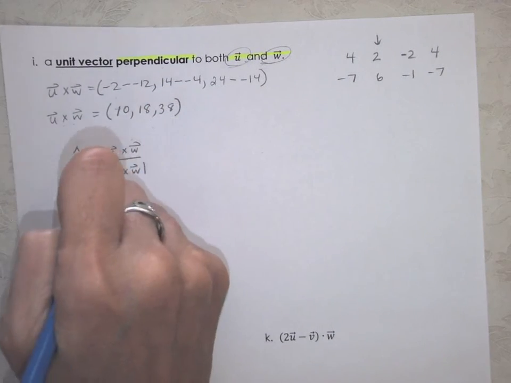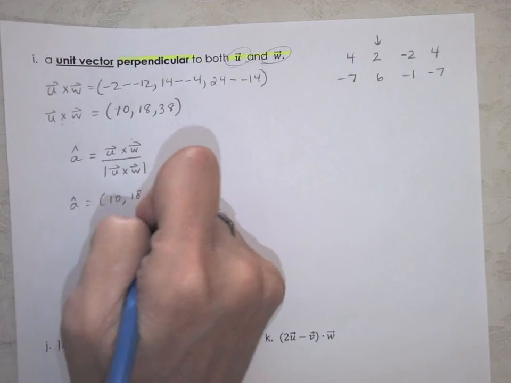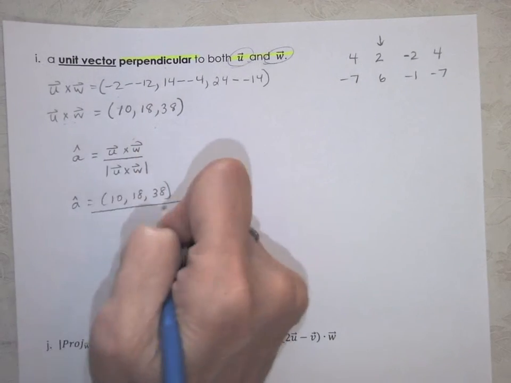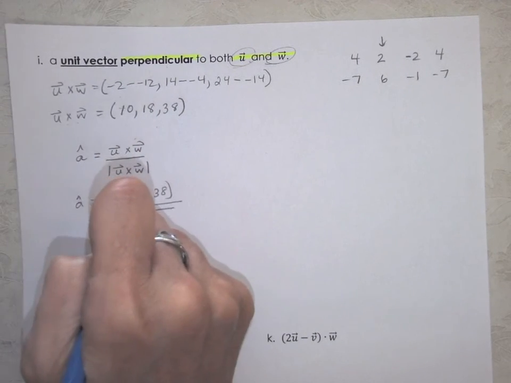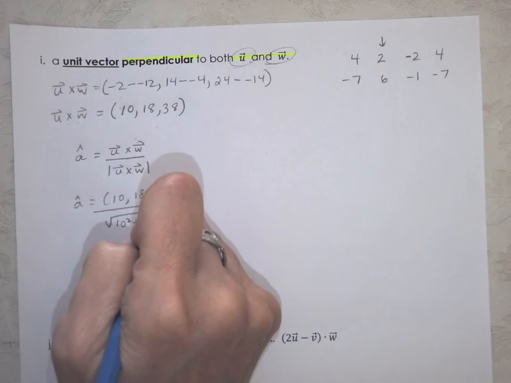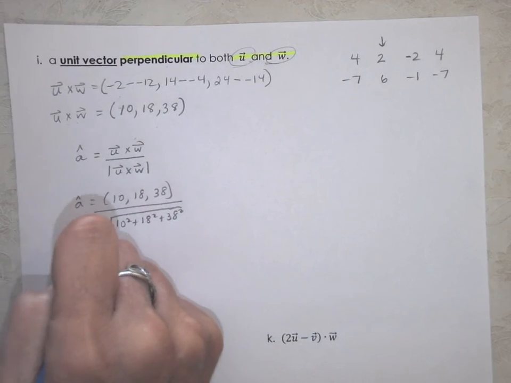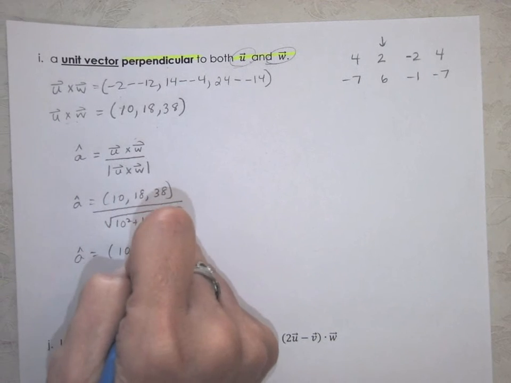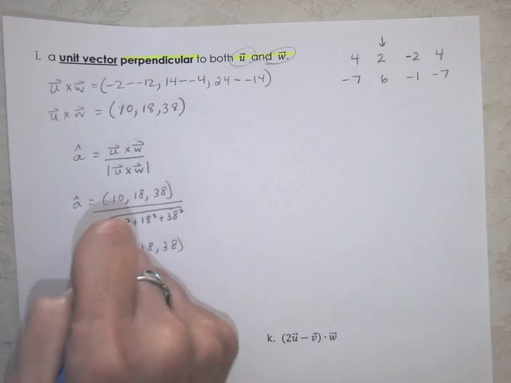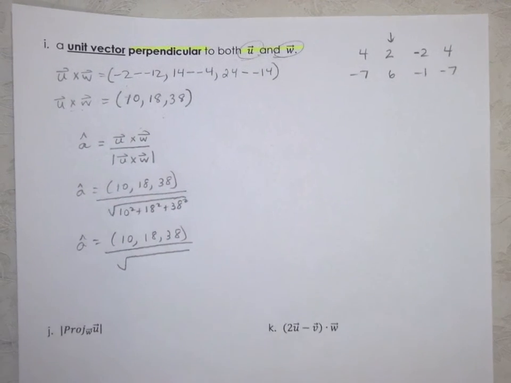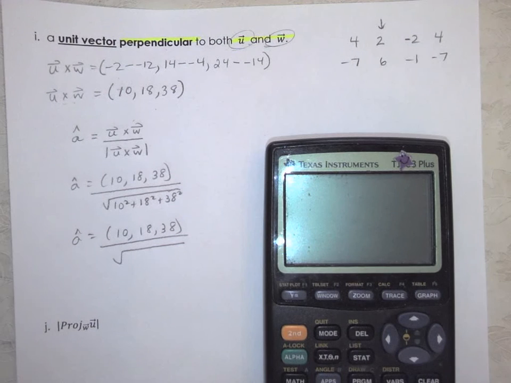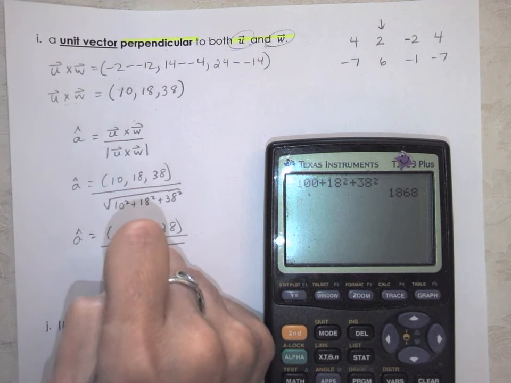So vector u cross w we found already, over its magnitude, and then so that's going to be 1,868.